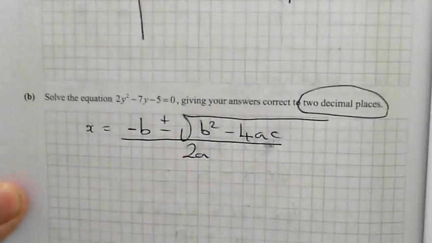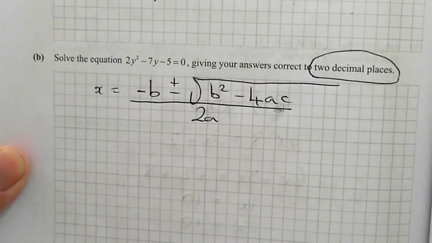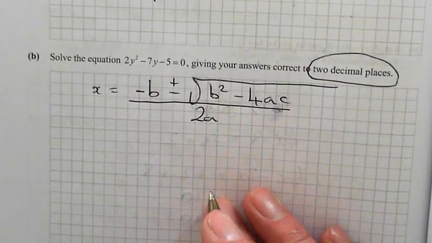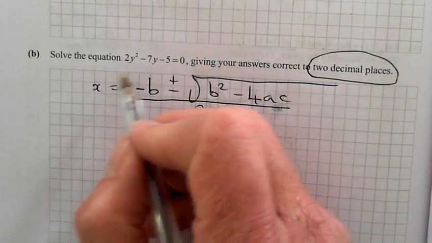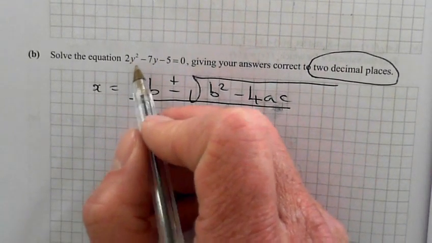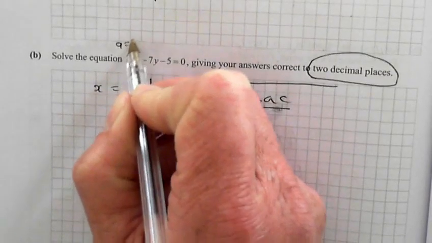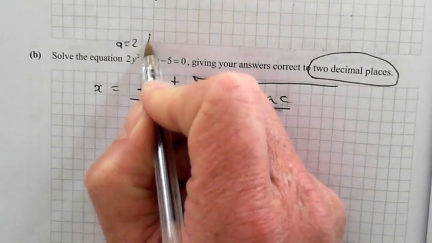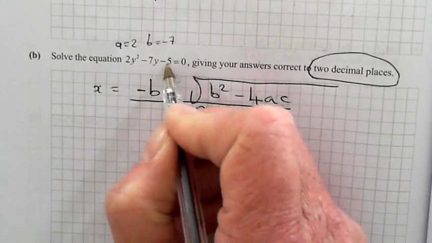Right, the next one. Part B. If it says give your answer to two decimal places, use the minus b formula. So we have to look at the equation. A is the number in front of the y squared or x squared, the squared bit. So A is equal to 2. B is the number in front of the middle, the y. And C is the number.